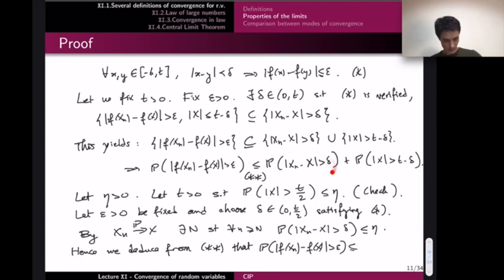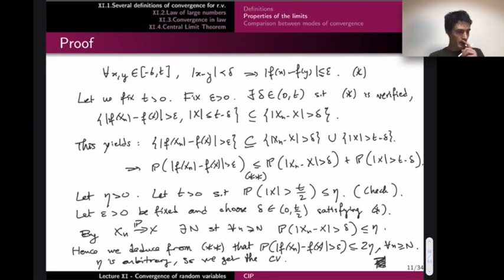The first quantity is smaller than eta. The second one is also smaller than eta because we chose t large enough. So this is smaller than 2 eta, for all n greater than capital N. Eta is arbitrary, so we get the convergence. And that completes the proof.